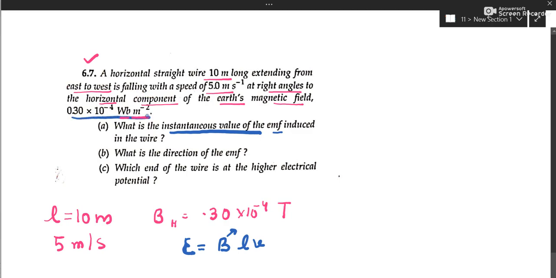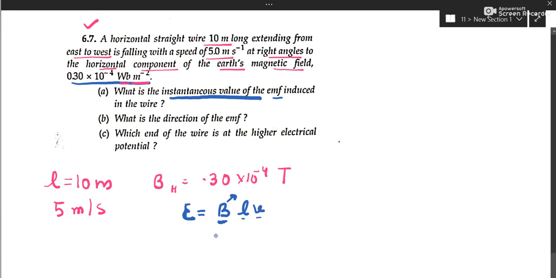Here only one is given, that is okay. We understand that one value will come. But whenever two or three values of magnetic field are given, then always keep the magnetic field which is perpendicular to both L and V. So here no choice, we can substitute directly. Length do we have? Yes. And this also we have. Substitute and calculate. Report in volts.